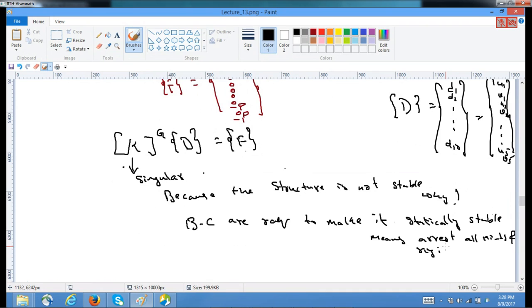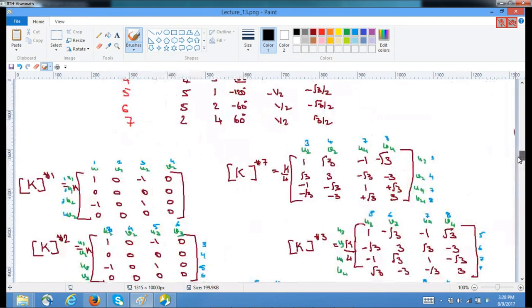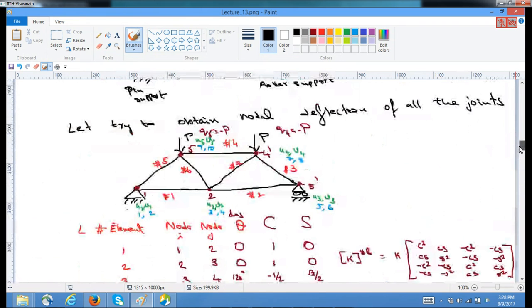rigid body motion. So what are the rigid body motions this can have? It can have translation along x, translation along y, and rotation about the z axis. In order to constrain that, our structure has already been constrained. Let us see the constraints for the given problem. Because this is a pin support, u1 is 0.